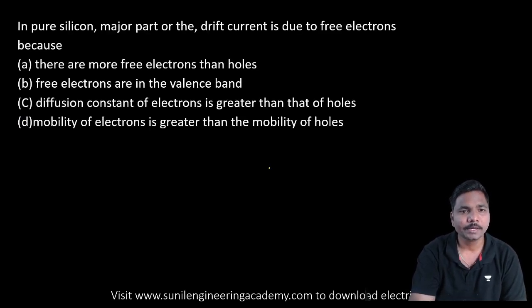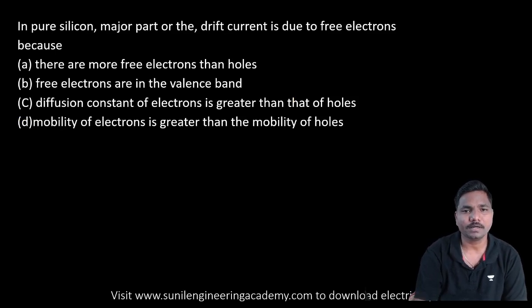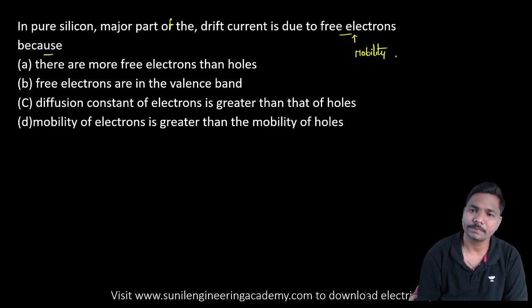Okay, in pure silicon, the major part of the drift current is due to free electrons because of dash. Why is the major part due to free electrons? We know free electrons can move faster than holes. The mobility is higher. Mobility, we have already discussed in the previous session.